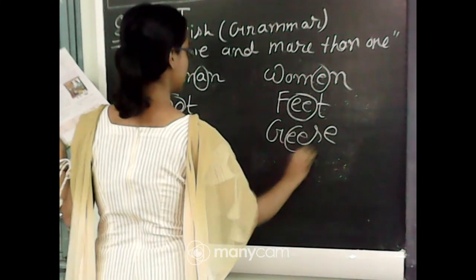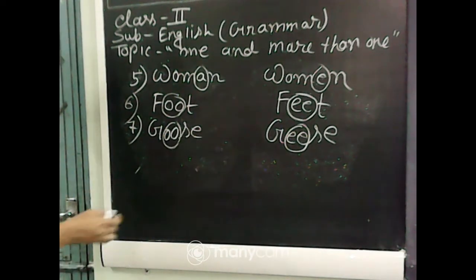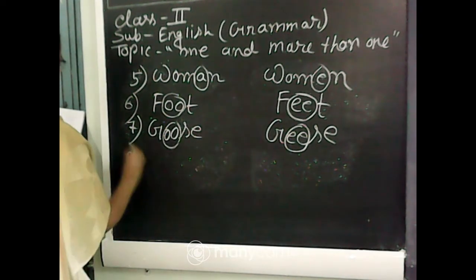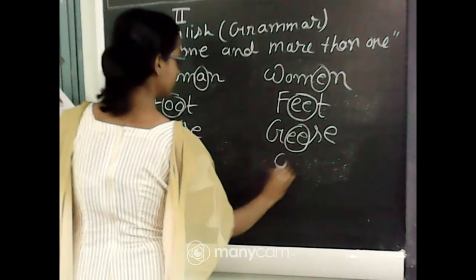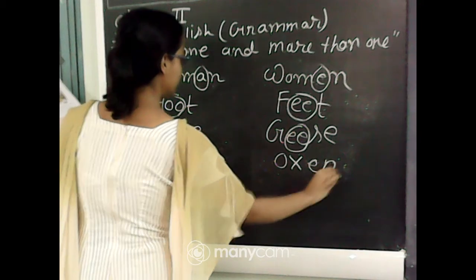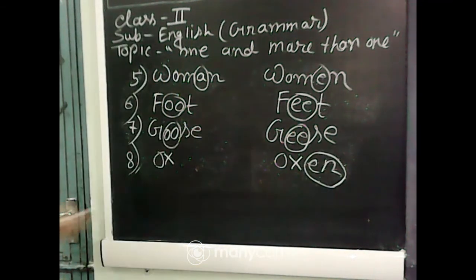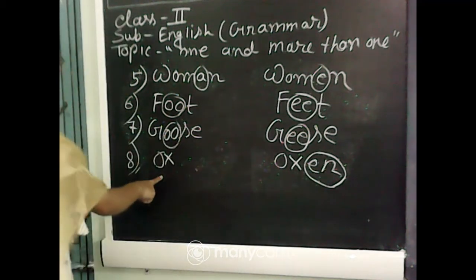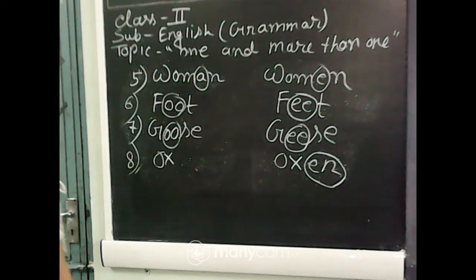Let's see here, double o changed to double e. And here you can see we need to add en to the word ox to make it more than one. Clear? So that is how certain words you can change like that.